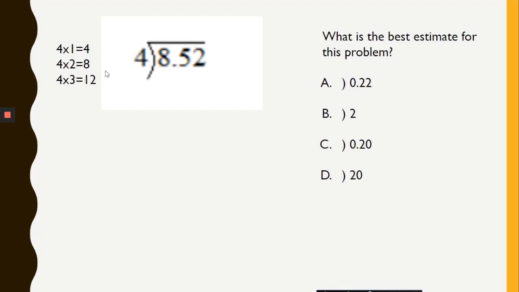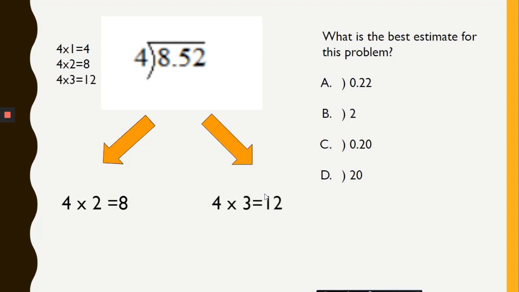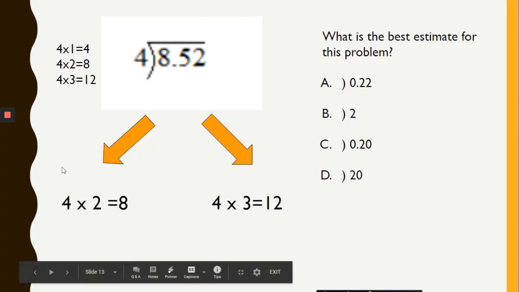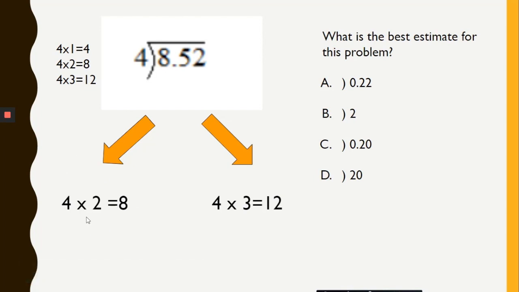And so 8 and 52/100ths falls in between 8 and 12 here. So I know that my basic fact is going to be 4 times 2, which equals 8, and 4 times 3, which equals 12. And now I can immediately see what my estimated quotient could possibly be.